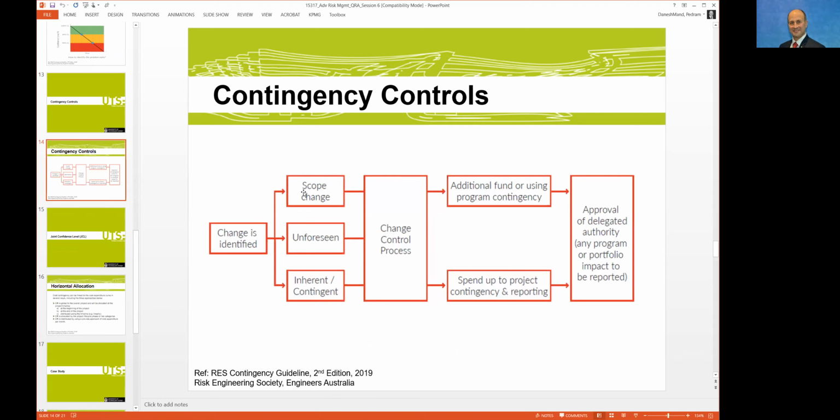So if you identify the change, then you need to have a process in place. Is that something where the scope changed? Is it that we didn't plan for it and it does happen? Or we identified that and it happened. Depending on those different scenarios, there are different actions and different processes that eventually can help you to do that.